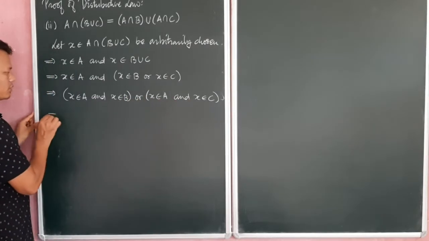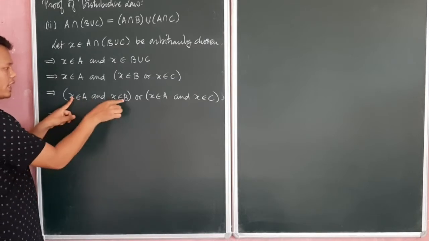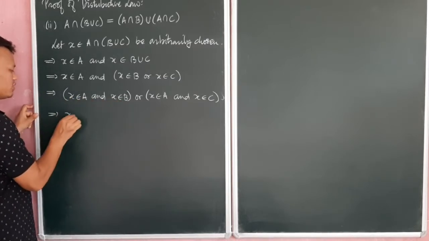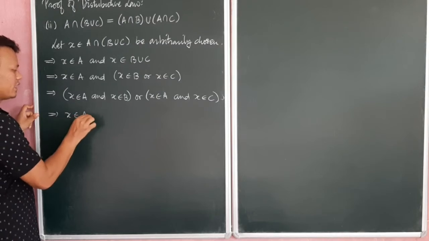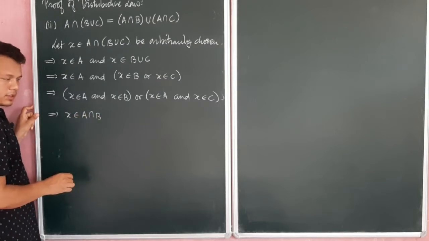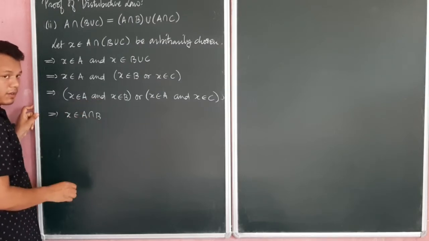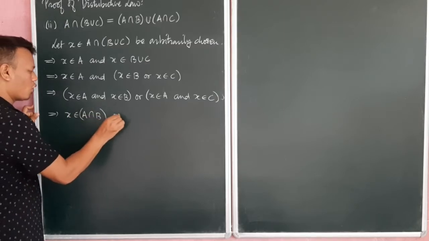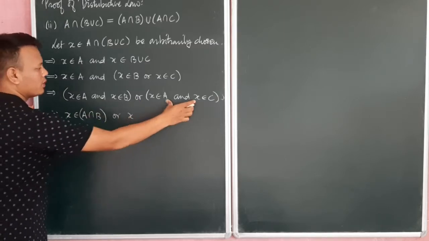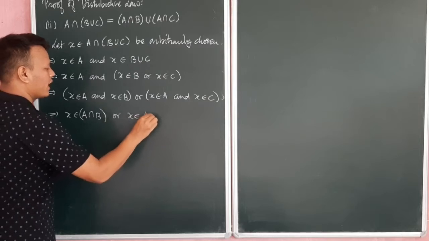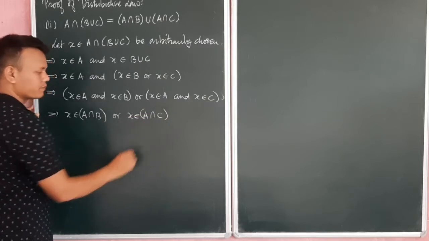Now what's the meaning of this? If x is belonging to A and B both, this means that x belongs to A intersection B, isn't it? Because there is and, so that's why I have written and. Or this means x belongs to A intersection C.